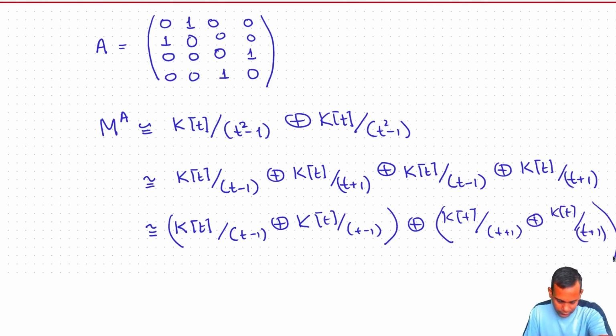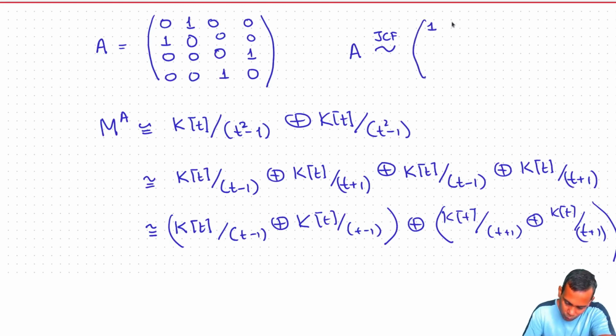And so the Jordan canonical form of A is read off from this. It has two Jordan blocks corresponding to 1, each of size 1. So that's just 1, 0, 0, 1, two Jordan blocks. And then it has two Jordan blocks corresponding to minus 1, each of size 1.